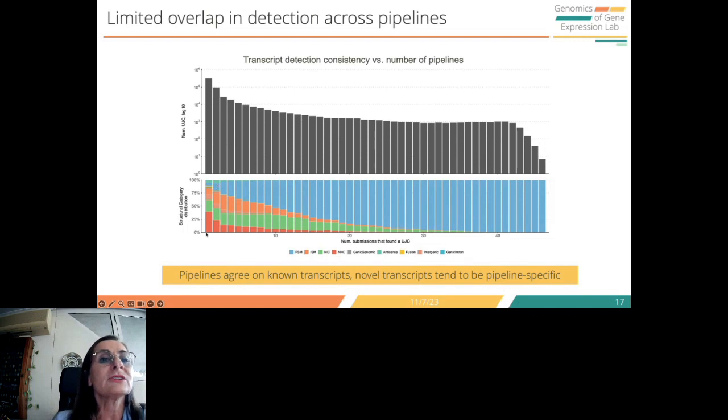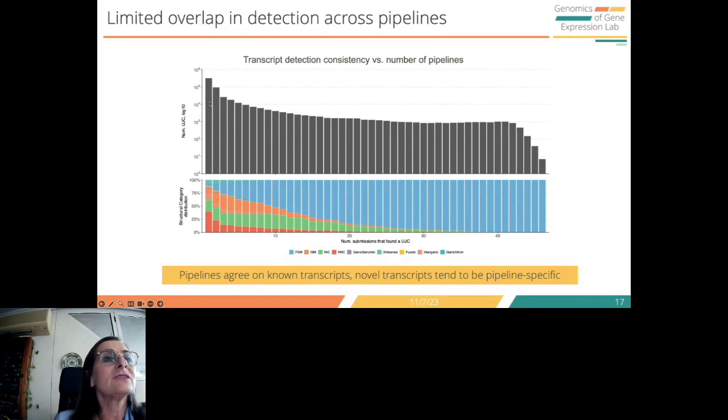So what you have here is the number and structural category distribution of the transcripts, transcripts of unique junction chains, that were supported by an increasing number of pipelines. Remember, we have 47 pipelines in total, in which we combine everything together. So this gives a general overview of what is going on here.